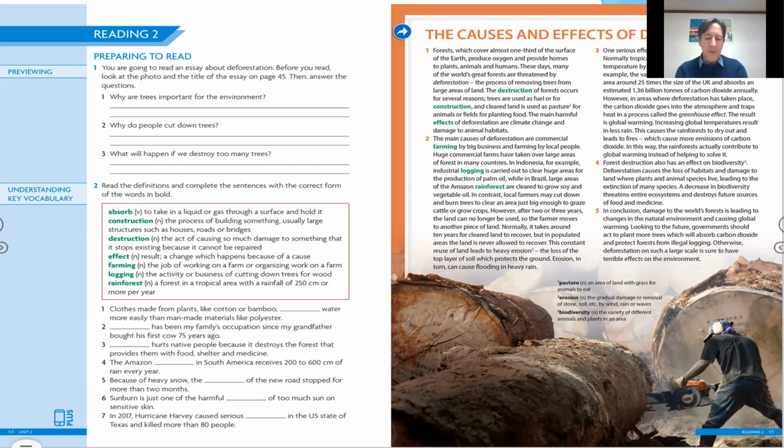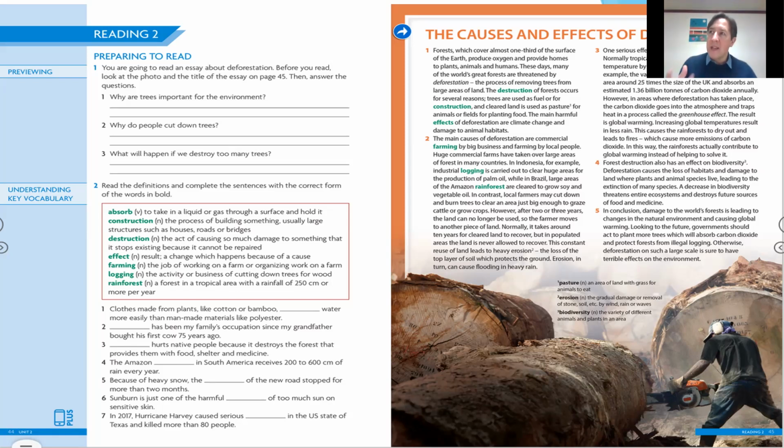In Indonesia, for example, industrial logging is carried out to clear huge areas for the production of palm oil, while in Brazil, large areas of the Amazon rainforest are cleared to grow soy and vegetable oil. In contrast, local farmers may cut down and burn trees to clear an area just big enough to graze cattle or grow crops. Graze cattle is similar to when we just talked about pasture.